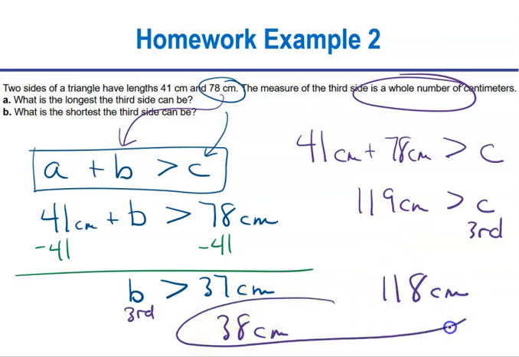So basically, our third side has to be between 38 centimeters and 118 centimeters. Now we can answer the question about what is the longest and the shortest it could be. So in red, I'm going to do that. The longest it could be is 118 centimeters, so that's part A, and the shortest it could be is 38 centimeters. That's part B. I hope that'll help you out when you get there.